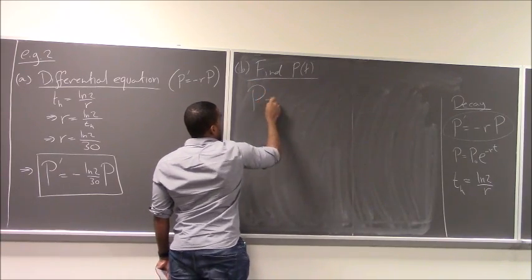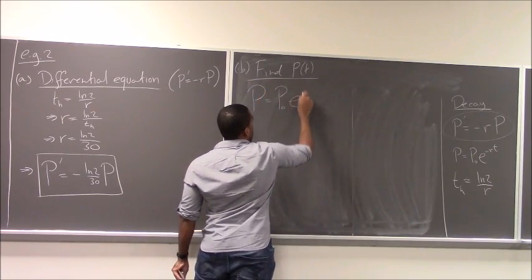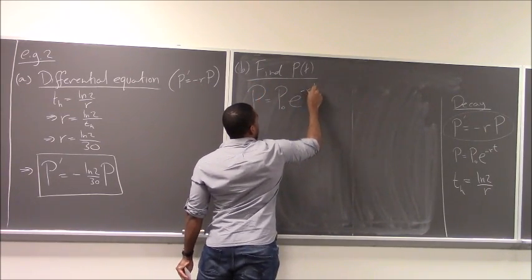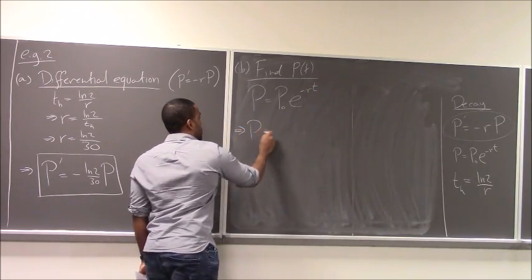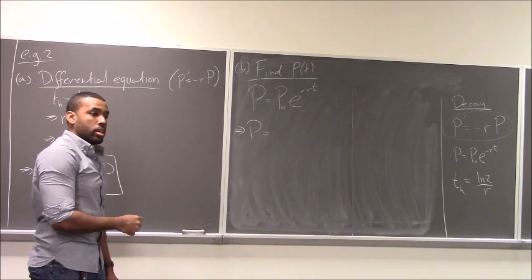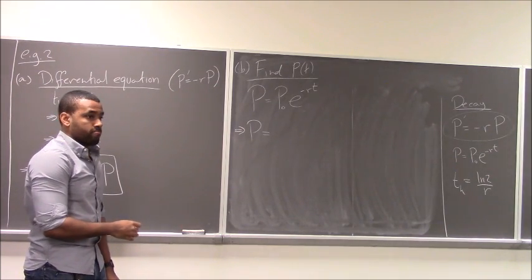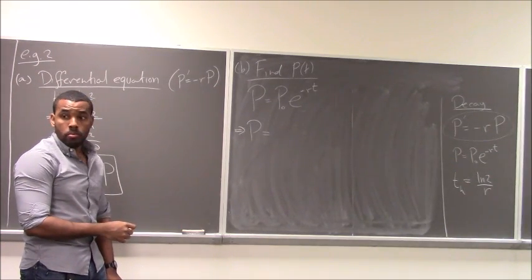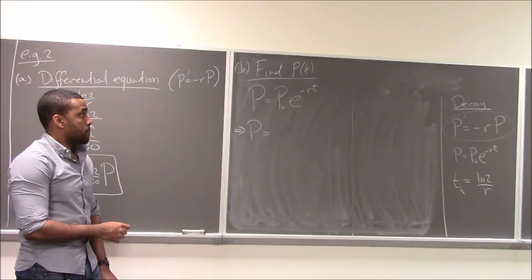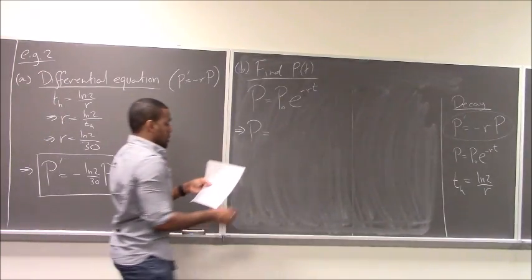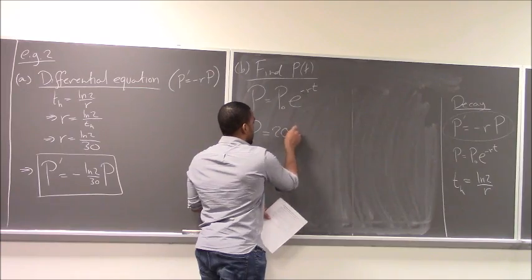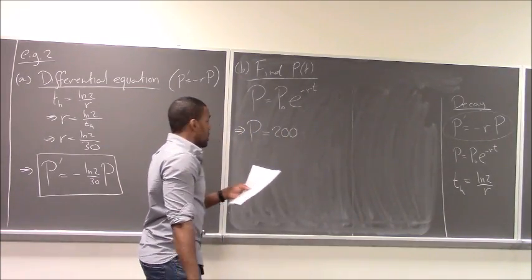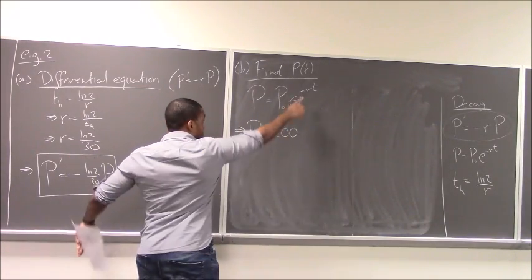So we know that P is equal to P naught e to the minus RT, because we're dealing with decay here. So fill in the numbers. What do we get? 200. Okay. It says suppose we have a 200 milligram sample, so that's the starting point. That's how much we had in the beginning. We found R in the last one, so I'm just going to plug it in here.